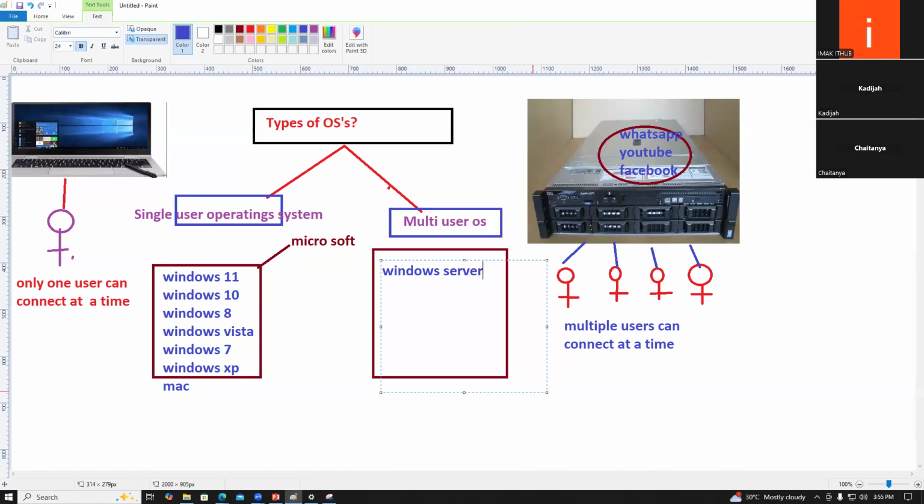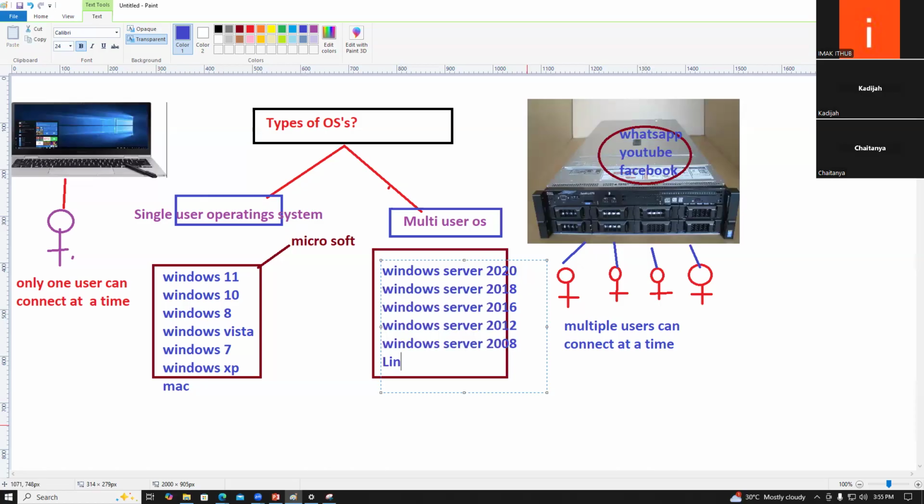Windows Server 2020, Windows Server 2018, Windows Server 2016, Windows Server 2012, Windows Server 2008. So these all are multi-user operating systems.